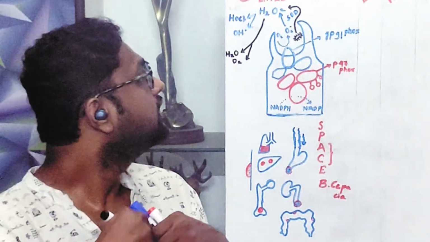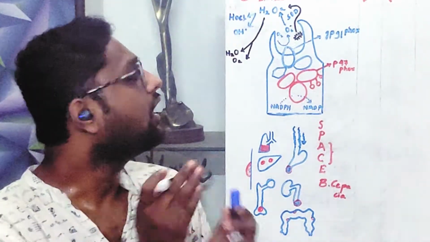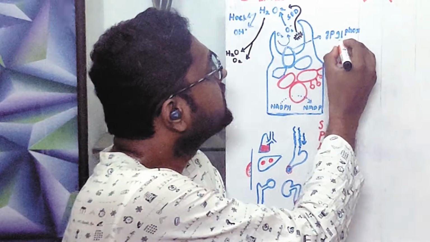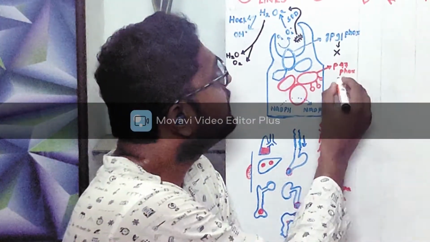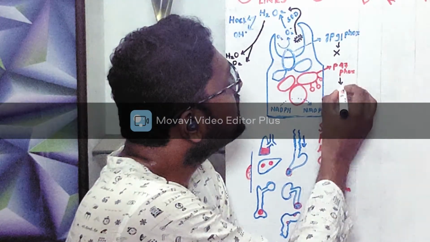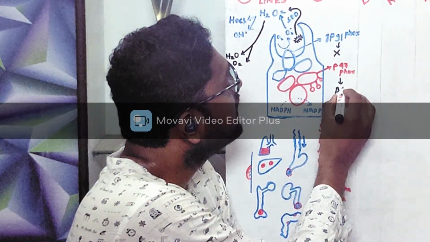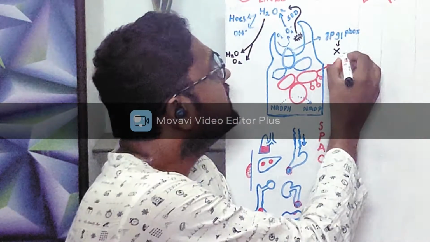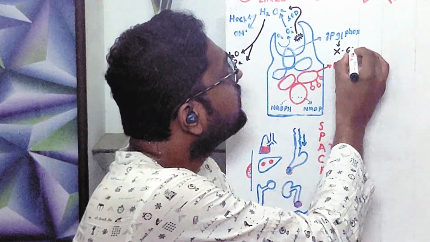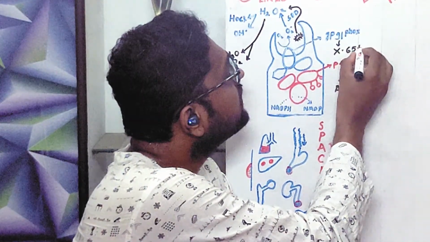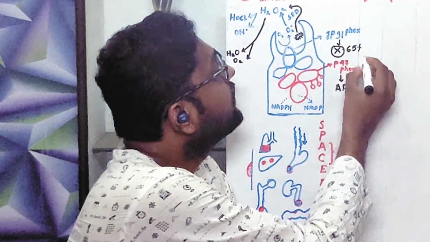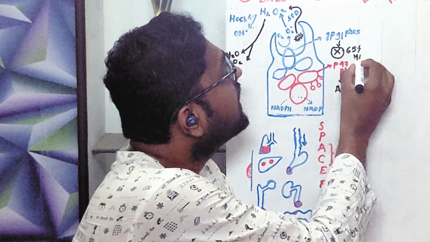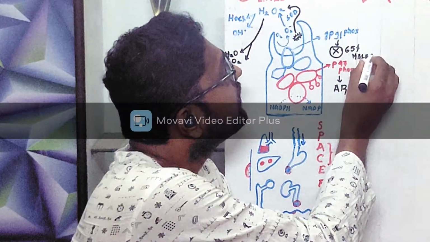Now, the mutation of GP91-phox is inherited as X-linked, and P47-phox is inherited as autosomal recessive. Now, these cases form about 65% of the cases, and since it is X-linked, we know that males are being affected more.